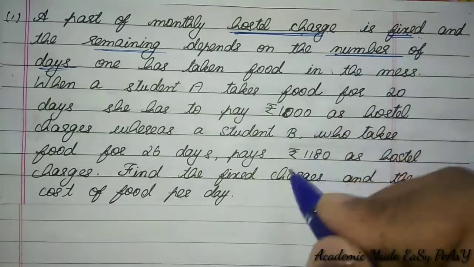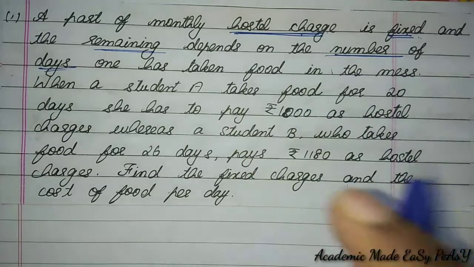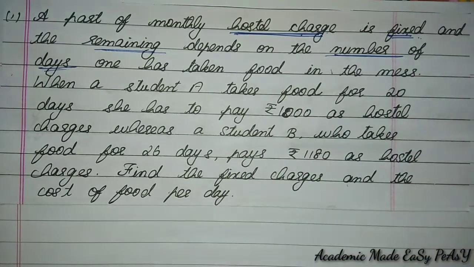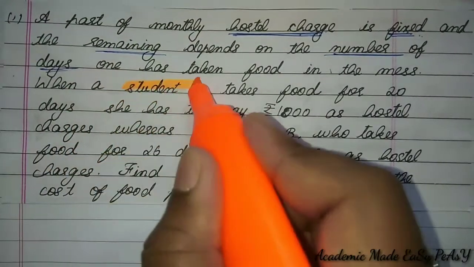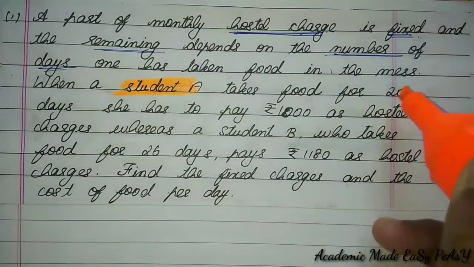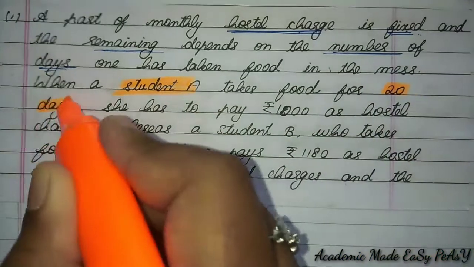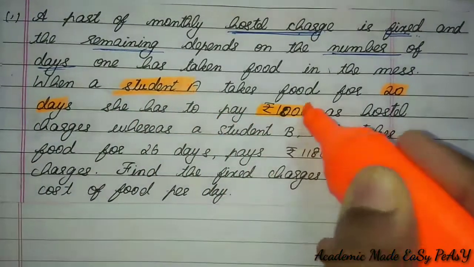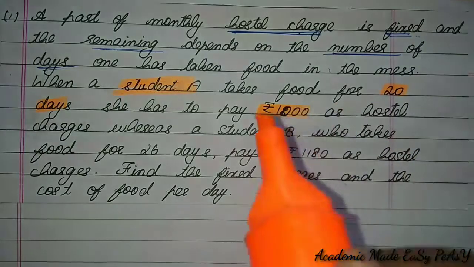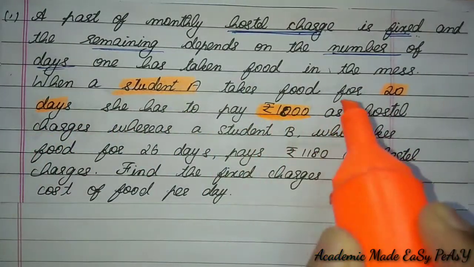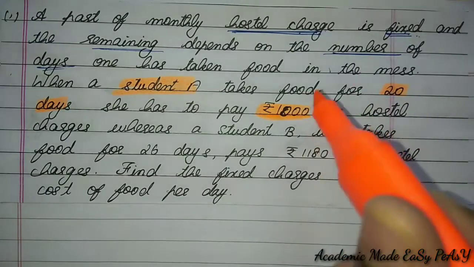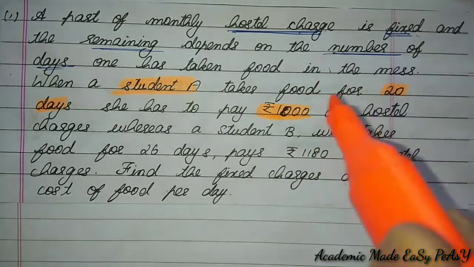Okay, so this will be the equation. Now two statements are given for the two equations. Let us read it one by one. When a student A takes food for 20 days, she has to pay rupees 1000. So the fixed charge plus this 20 days' amount is 1000 rupees. Let this be equation 1.